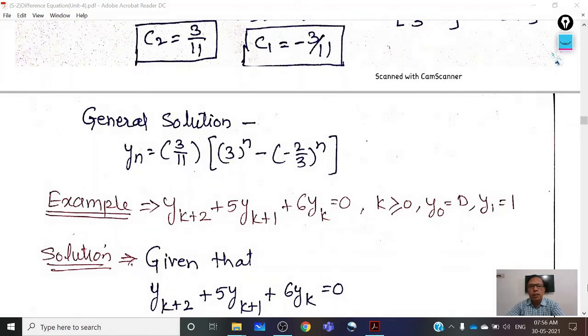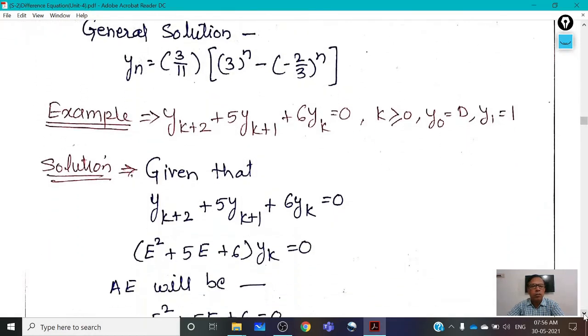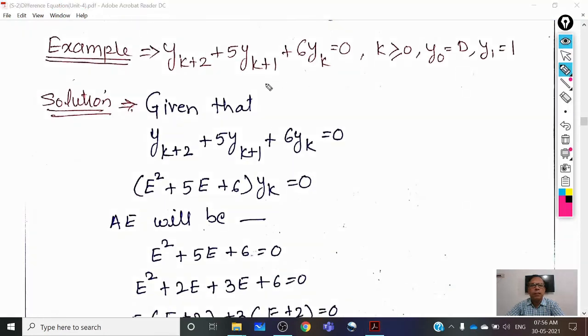So the next question is to solve the difference equation yk+2 plus 5yk+1 plus 6yk equal to 0, where the given boundary conditions are y0 equal to 0 and y1 equal to 1, and the nature of k is positive.